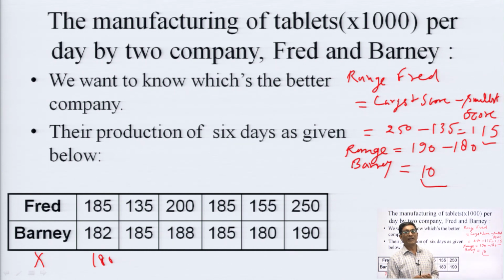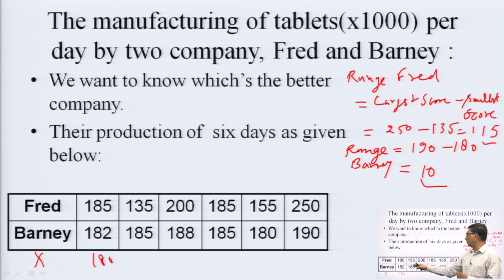That means, if the range is high, it has more variation, and if the range is small, then the values in the data are more consistent with each other. You can also see here that the values in Barney, 182 and 185, are more similar, but in Fred there is a large variation, the minimum is 135 and the maximum is 250.